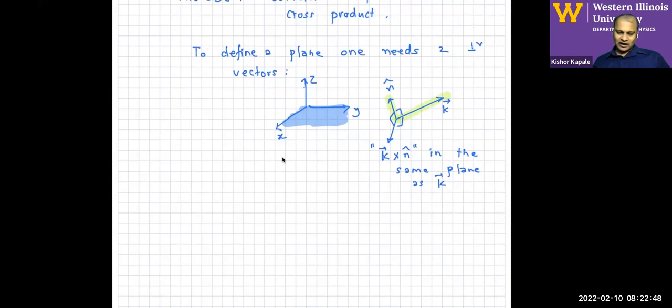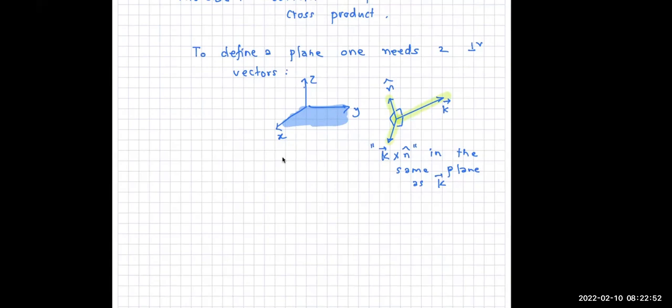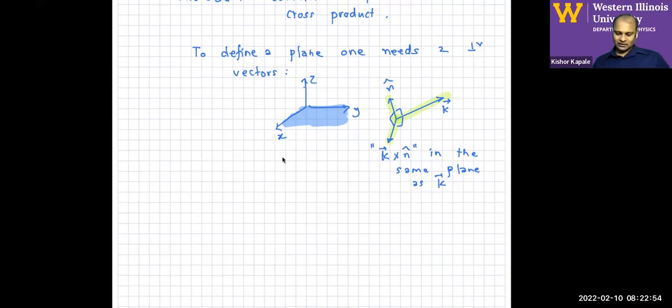Now let's figure out k cross n. K cross n is going to be a vector, and we have to figure out its orientation, right? Now, how do we figure out that orientation? From the cross product definition, the direction of k cross n is always perpendicular to both the vectors. So I'm going to use one piece of information at a time.